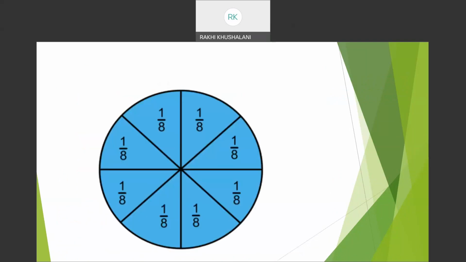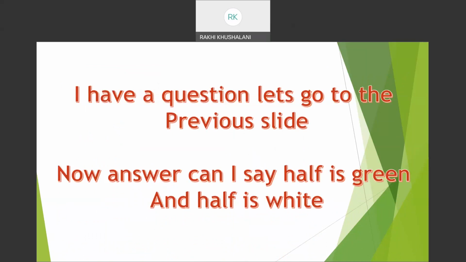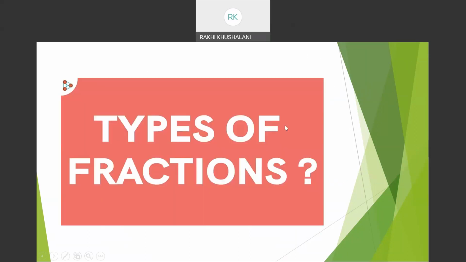So the question is based on this: can I say that half is green and half is white? What will be your answer? Yes, my answer is going to be true. It is half green and half white. See, I have moved ahead in this class.